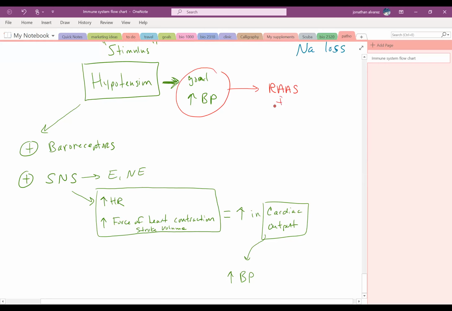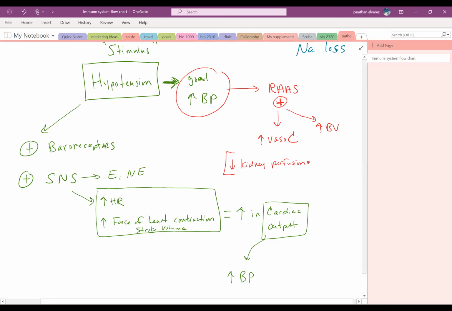So when this becomes active, its bottom line goal is to increase vasoconstriction and to increase blood volume. Okay, and the way it does this is through what's called a decrease in kidney perfusion.